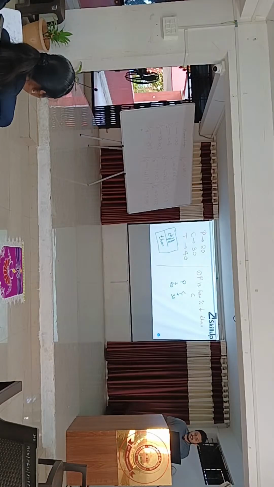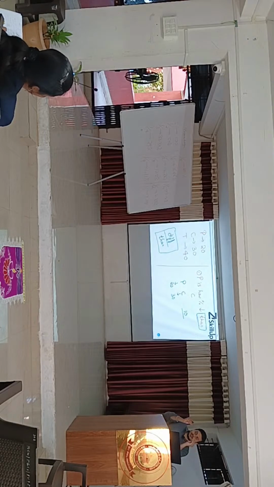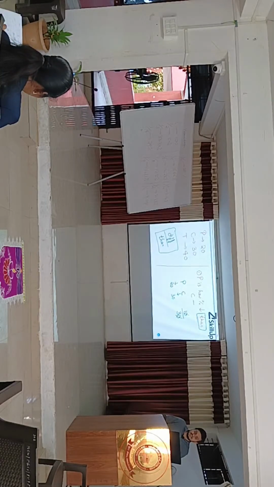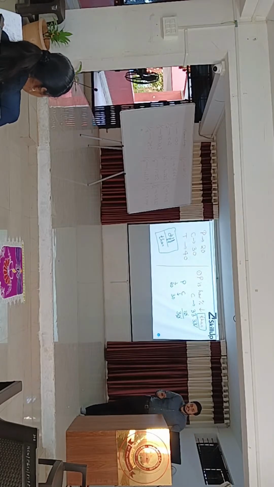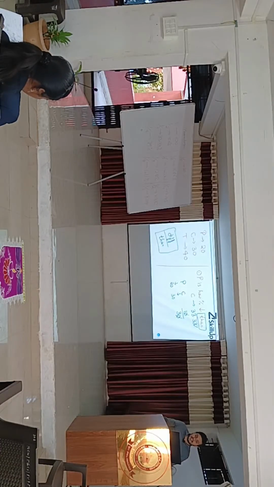What is the difference? 10 divided by... who is the comparison with, C or P? C. That will go to the denominator. What is 1 by 3? 33.33%. That means P is 33.33% less than C. Same thing, find out for T: 25%.